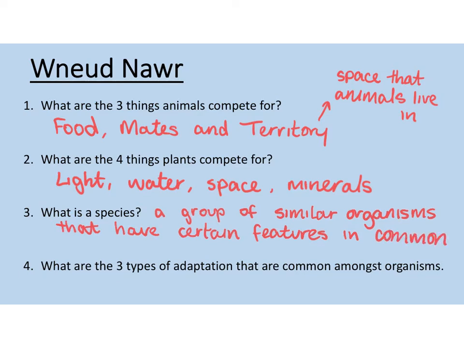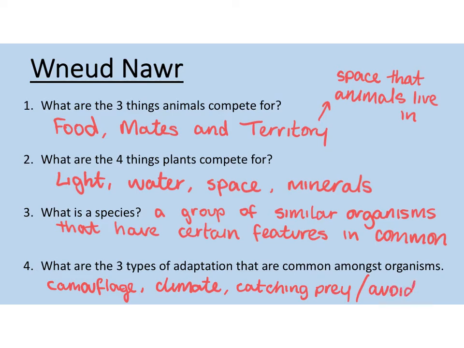And then finally, number 4, what are the 3 types of adaptation that are common amongst organisms? The answer for that is camouflage, climate, and catching prey / avoiding predator.